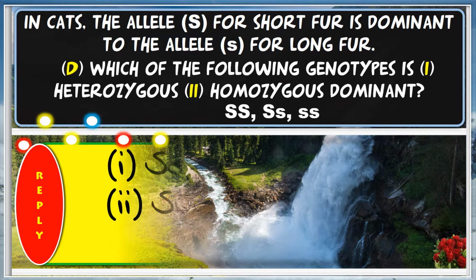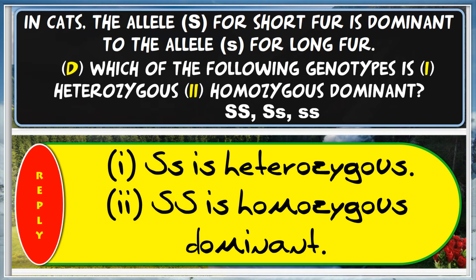Part 1. Capital A small a is heterozygous. Capital A capital A is homozygous dominant.